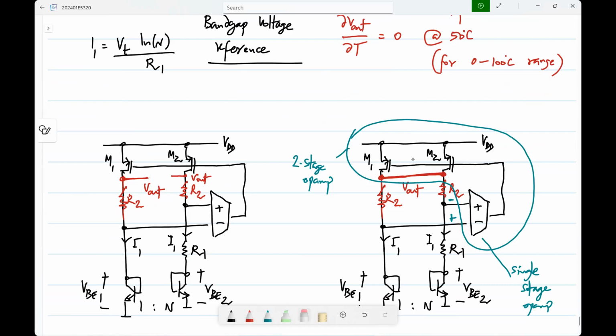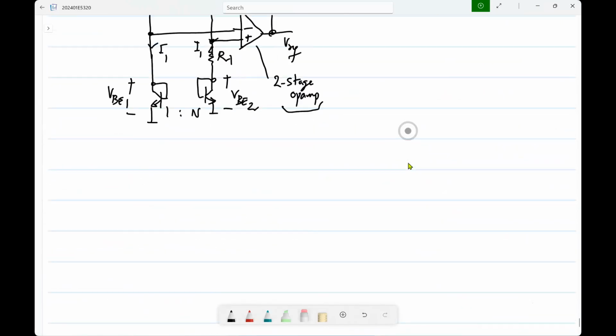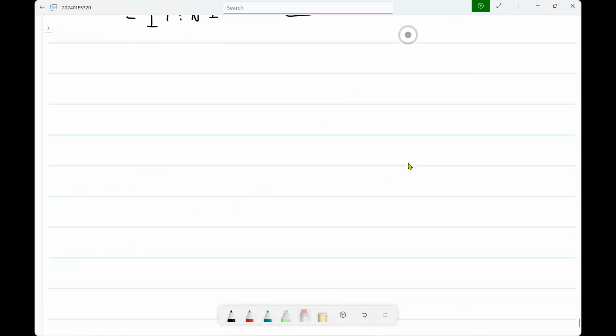Yeah, how? One possibility is, now constant current is always more tricky.